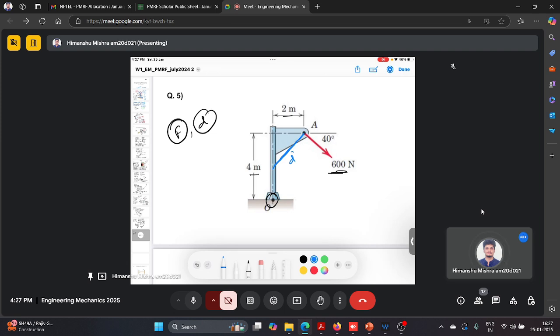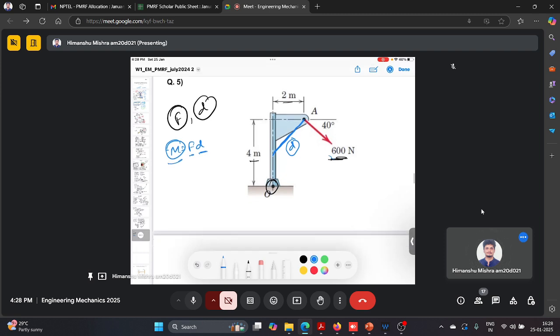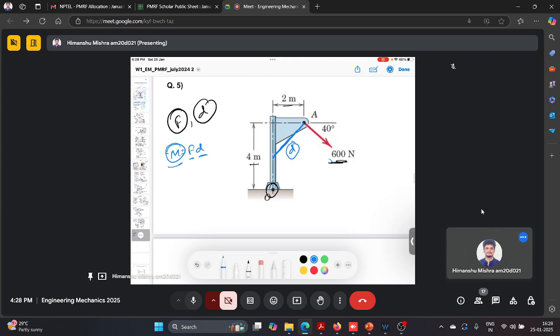If we can calculate d, we can directly apply the expression of the moment. We already know the force, we calculate d, and we will directly get the magnitude of the moment of the 600 Newton force about point O. So now our objective is to calculate d, the perpendicular distance.